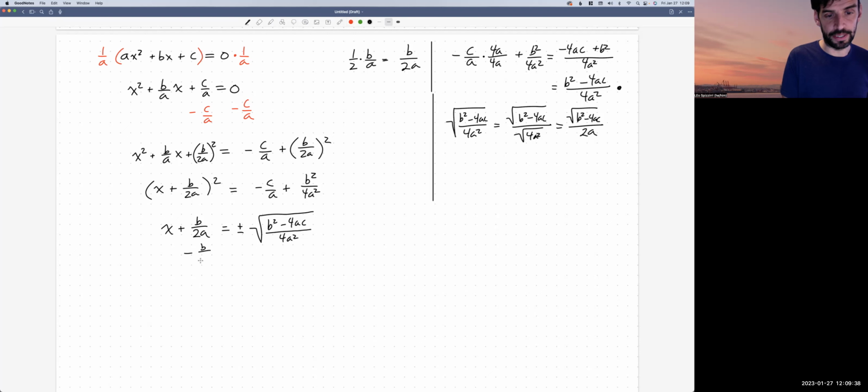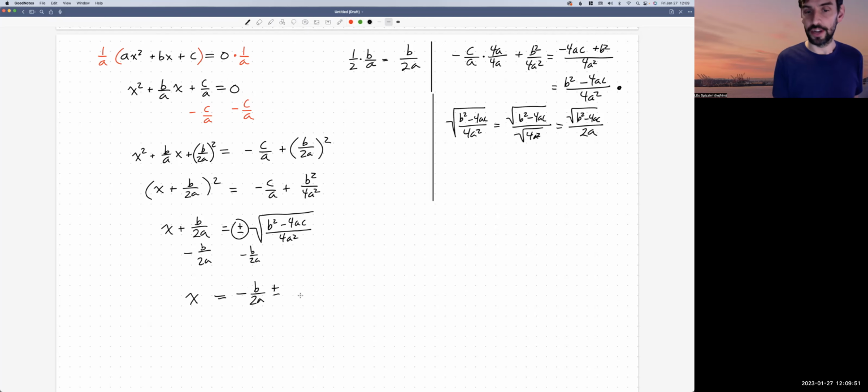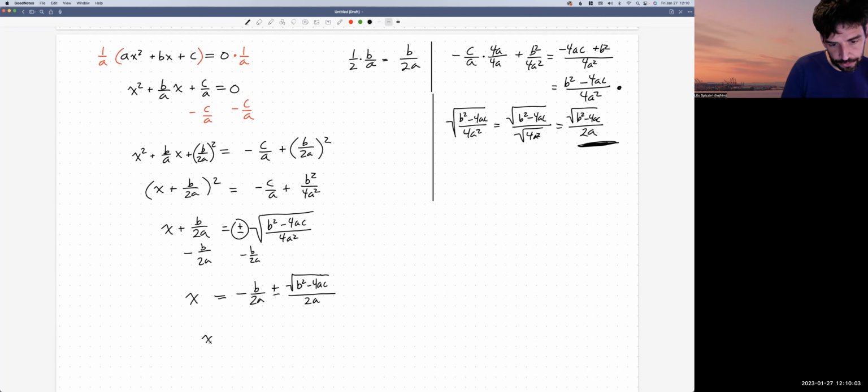I'm going to subtract b over 2a from both sides. So I get x is equal to negative b over 2a. Still got a plus or minus here. And I've got this big square root that I worked out over here as equivalent to the square root of b squared minus 4ac all over 2a. And now I'm simply going to write this as one fraction.